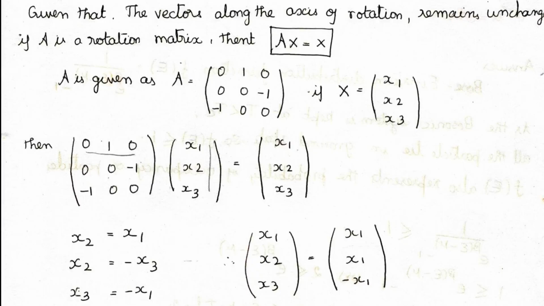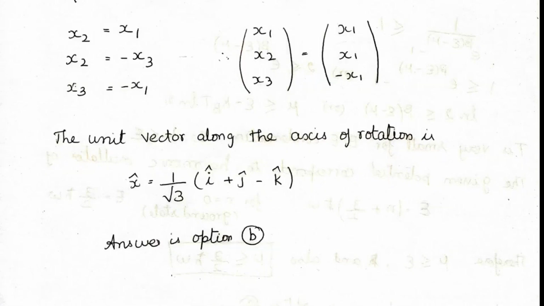If we solve this, we will get x2 = x1, x2 = −x3, x3 = −x1. So the unknown matrix is [x1, x1, −x1]. The unit vector along the axis of rotation is (1/√3)(i + j − k). Answer is option B.